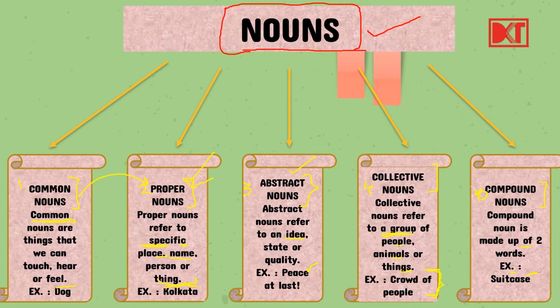Alright. We discussed other examples also, like pan plus cake, pancake. Right? So these are the 5 broad categories of nouns: common nouns, proper nouns, abstract nouns, collective nouns, and compound nouns. I hope you have understood them by now. So now let's move on.